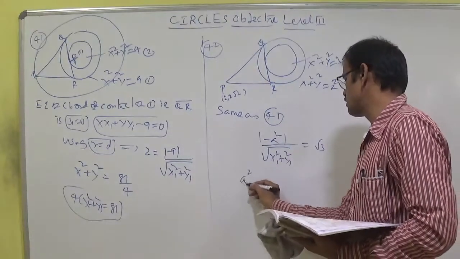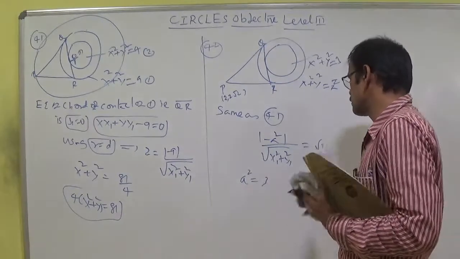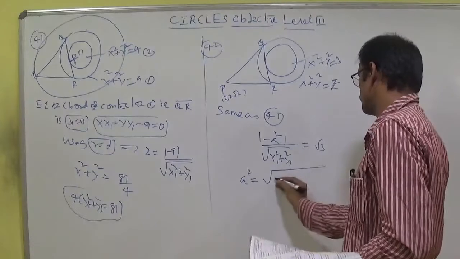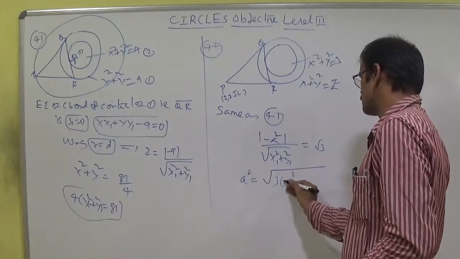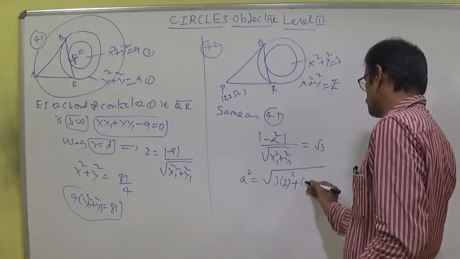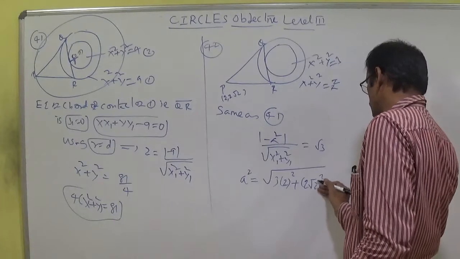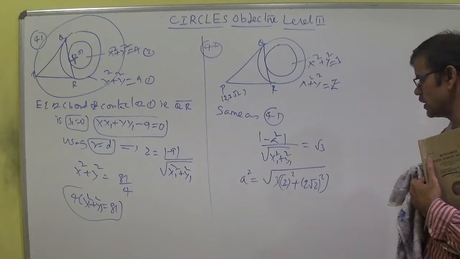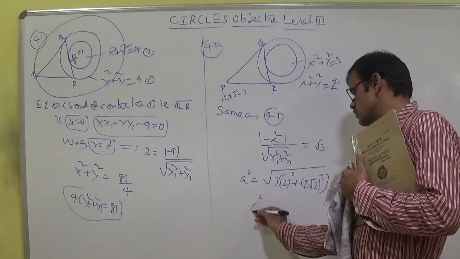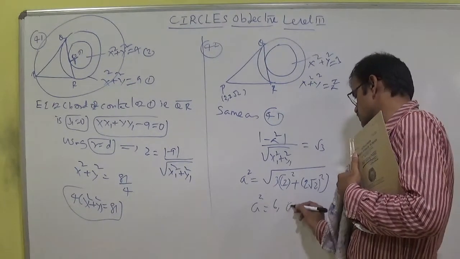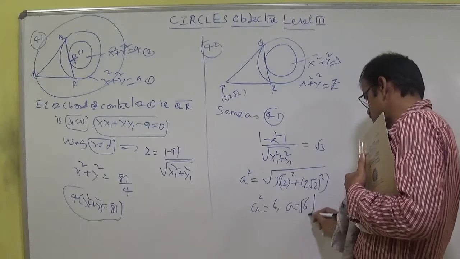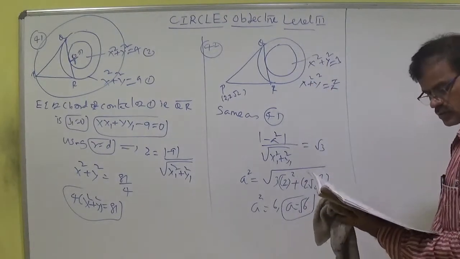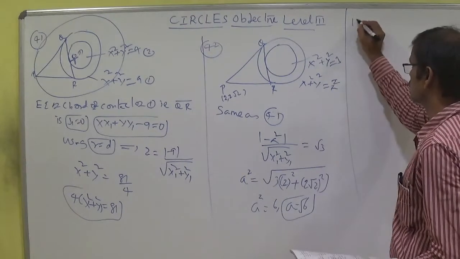So now you can put a square is equal to root 3 into root of 2 square plus 2 root 2 whole square. 2 square means 4, plus 2 root 2 square means 8. 8 plus 4 is 12. 12 times 3 is 36. So a square is equal to 6, a is equal to root 6. Root 6 is the radius of the required circle. That is the answer.